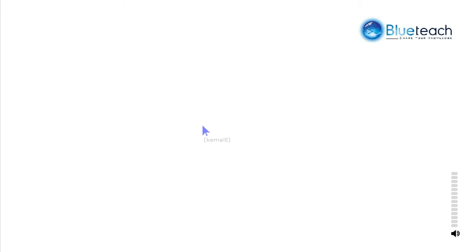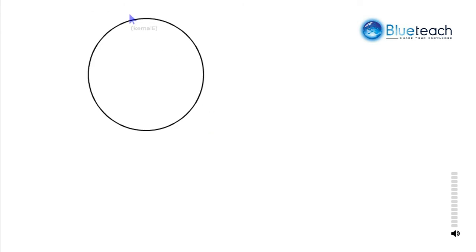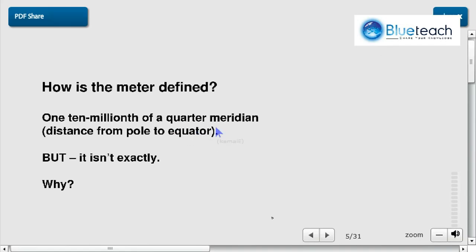Let's take our planet Earth, and let's take a meridian. Here you have the North Pole. Here you have the equator. And I'm going to take another color. Here you have the measure we're talking about, a quarter meridian, distance from pole to equator.